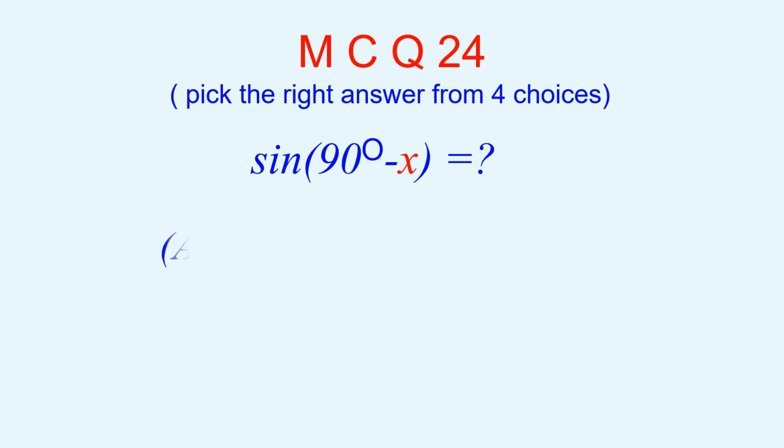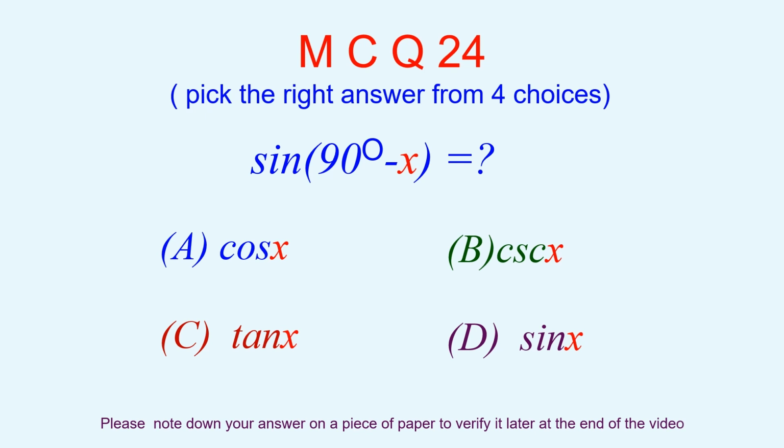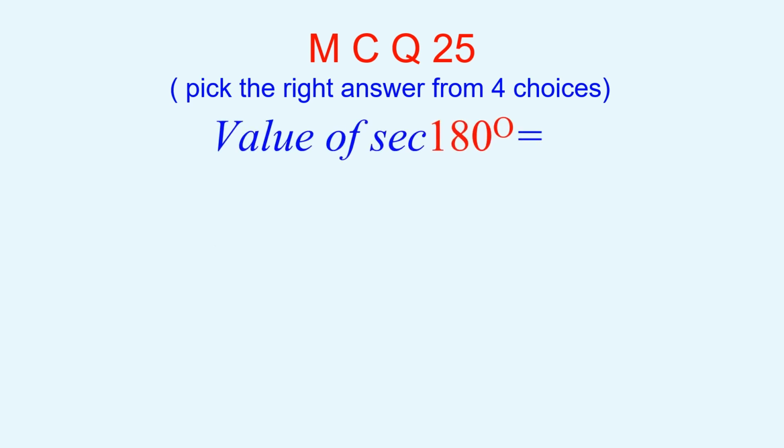MCQ number 24. What is sine of 90 minus x? A. Cosine of x. B. Cosecant of x. C. Tangent of x. D. Sine of x. MCQ number 25. What is the value of the secant 180 degrees? A. Infinite. B. 0.